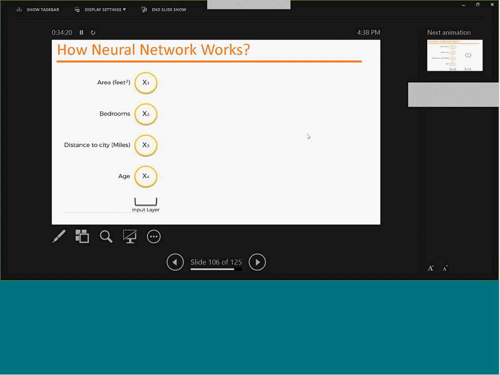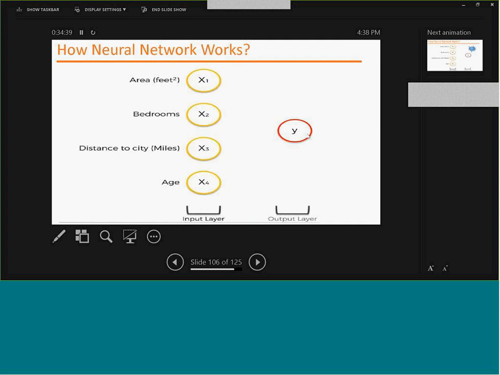We are going to predict the property pricing. So the input layer has got four different neurons. The first one is for area, the second for bedrooms, the third for distance to the city, and the fourth is the age of that particular property.